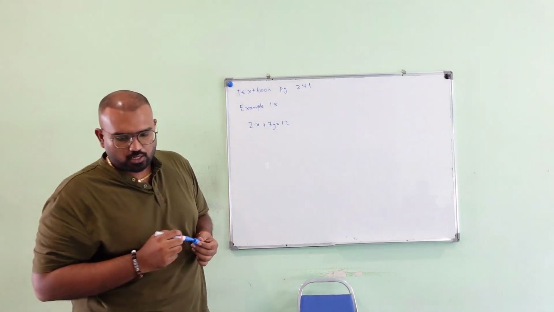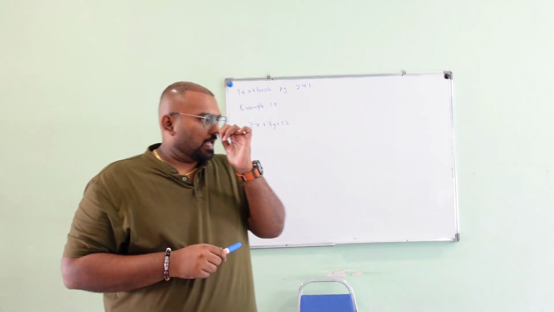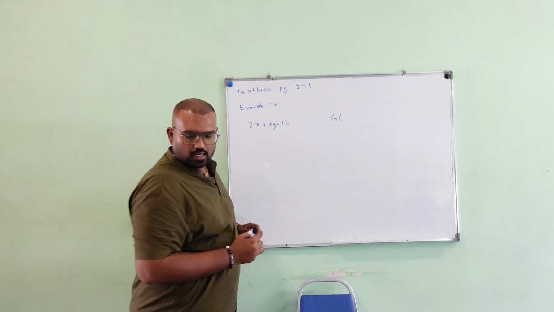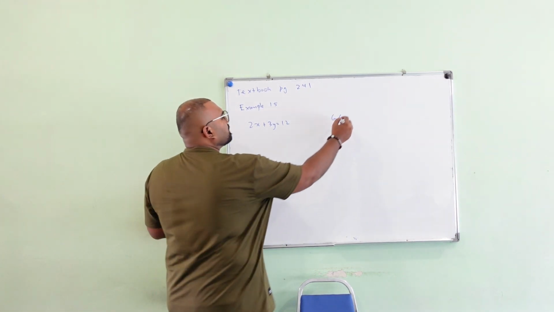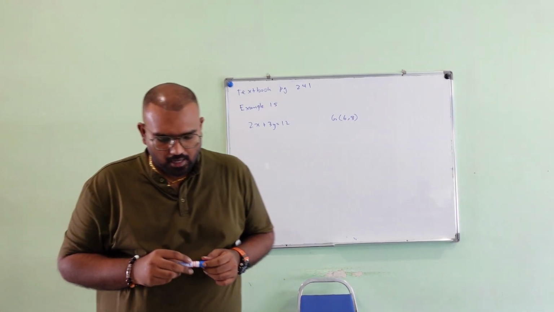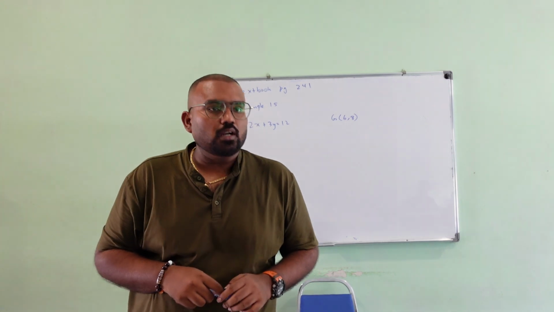Okay, so there's an equation here, and then there's another point, the point G. G adalah 6 and 8. And then they tell this one is parallel.